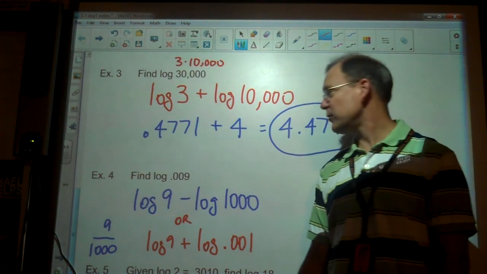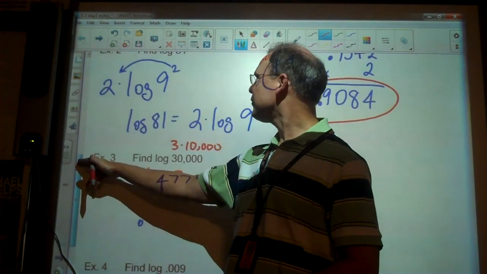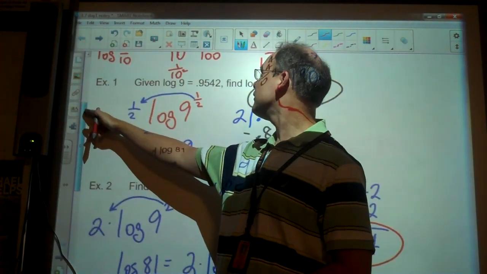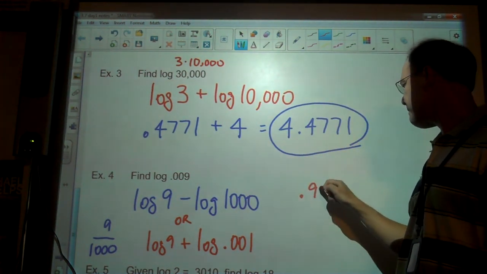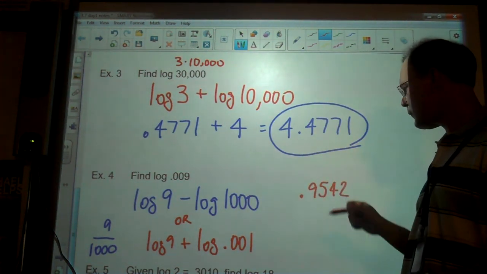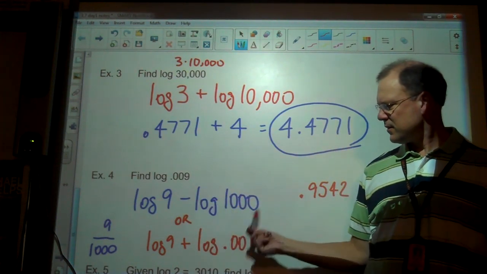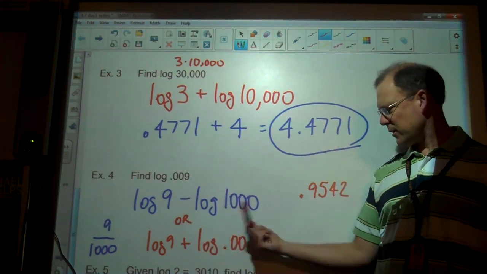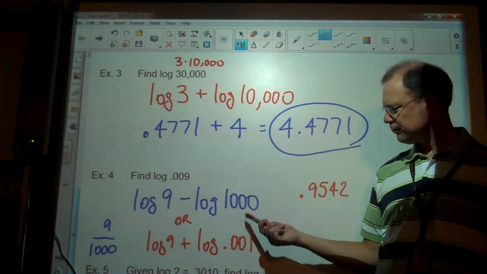So you're going to get the same answer either way. Okay, so log of 9 from earlier was .9542. And then this is basically -3, however you look at it.